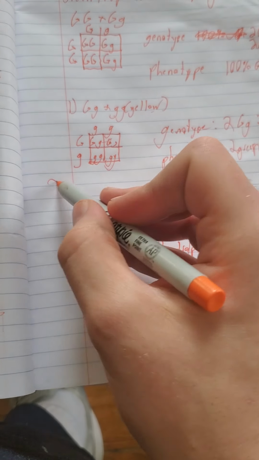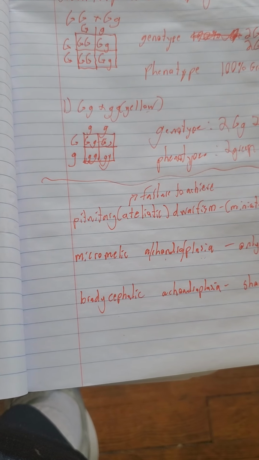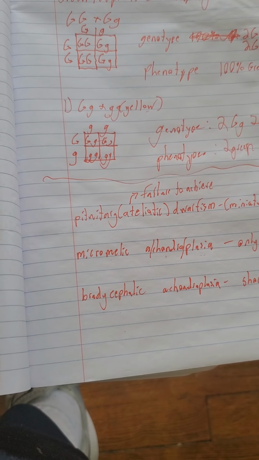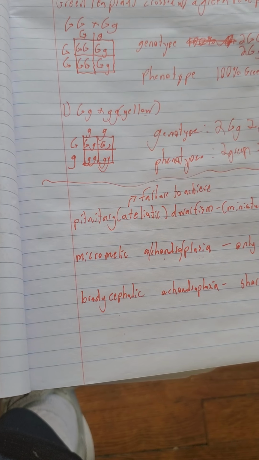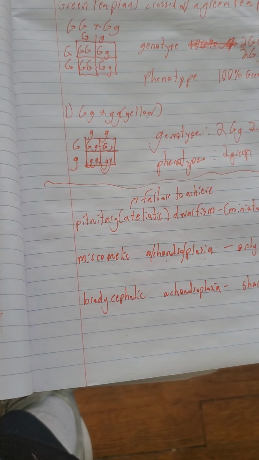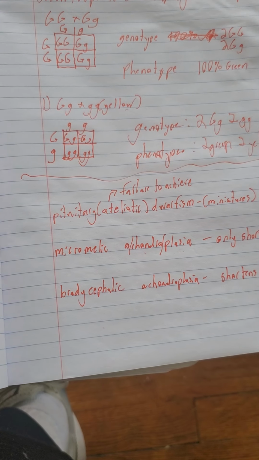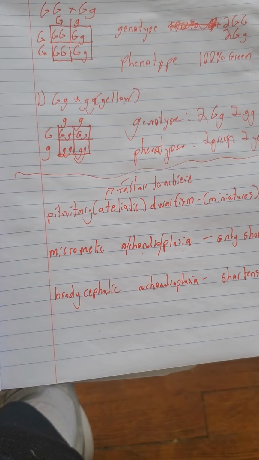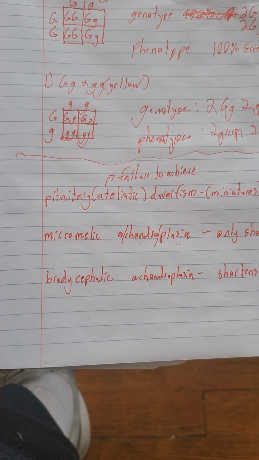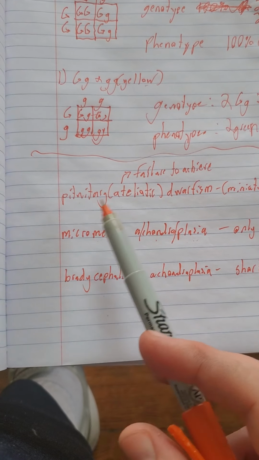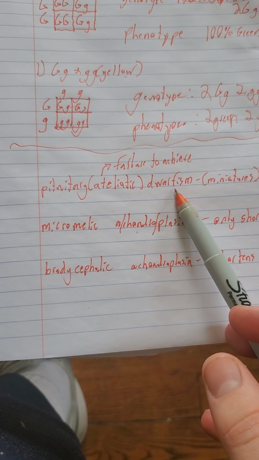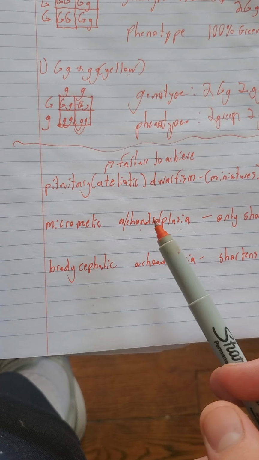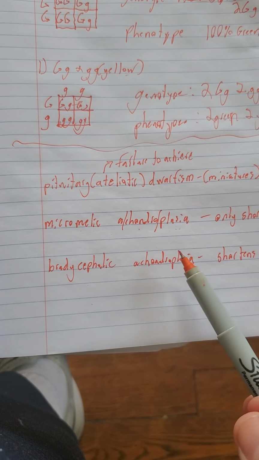Now, I took this class in college, Greek and Latin roots of medical terminology, and this really helps understand definitions and remember them. So here are 3 definitions that you need to know for the evidence portion. Pituitary ateliotic dwarfism, micromelic achondroplasia, bradycephalic achondroplasia.